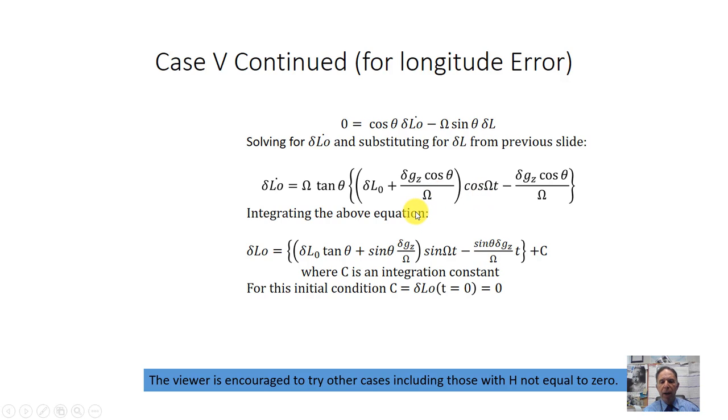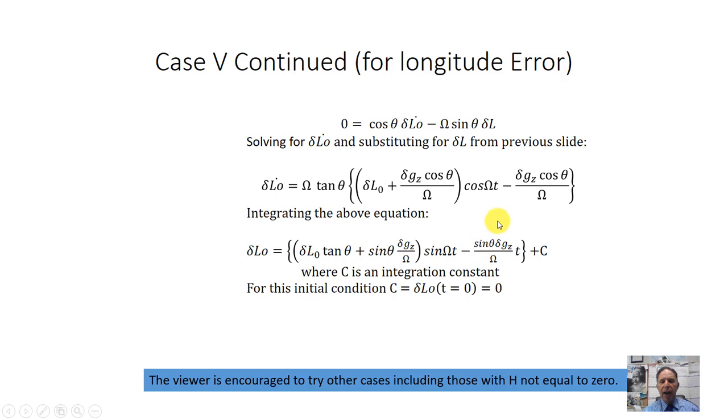Integrating the above equation, we get delta LO equals this expression, which is now sine omega t, and the omega disappeared in the integration process.